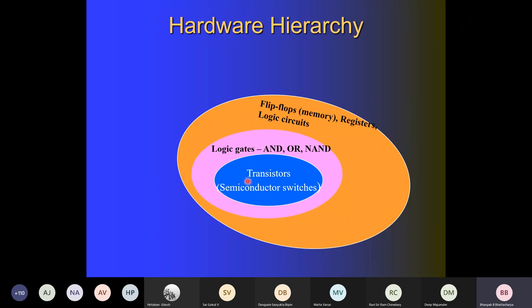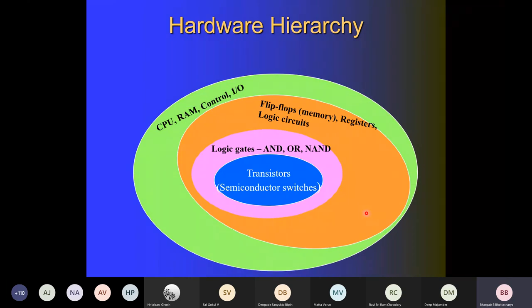So in the hardware also you have several layers of hierarchy, as you can see. Once you have these flip-flops, memory, registers, and logic gates, you can build other complex circuits, for example a central processing unit, which comprises adders, multipliers, and the controller.